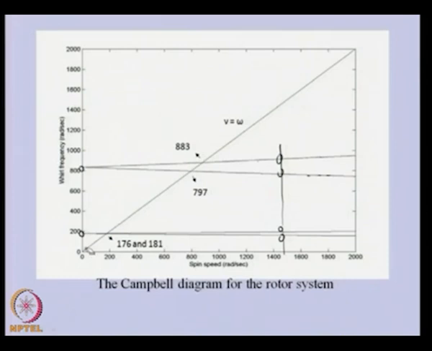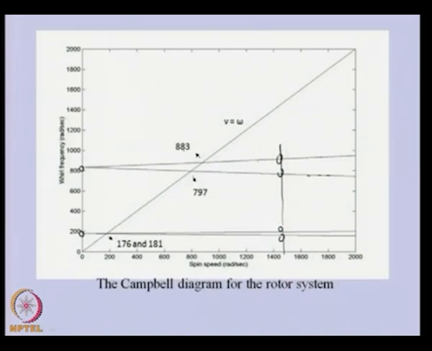Now, if we draw a 45-degree line here, which belongs to whirl frequency equal to spin speed, we will see that it intersects these lines at 4 places, and they are basically the 4 critical speeds of the rotor system.